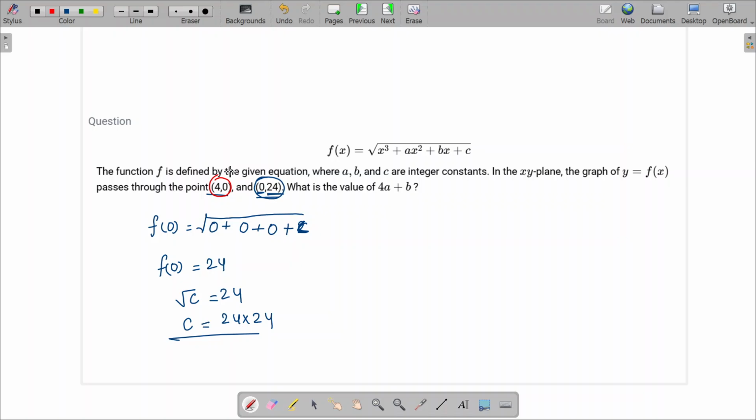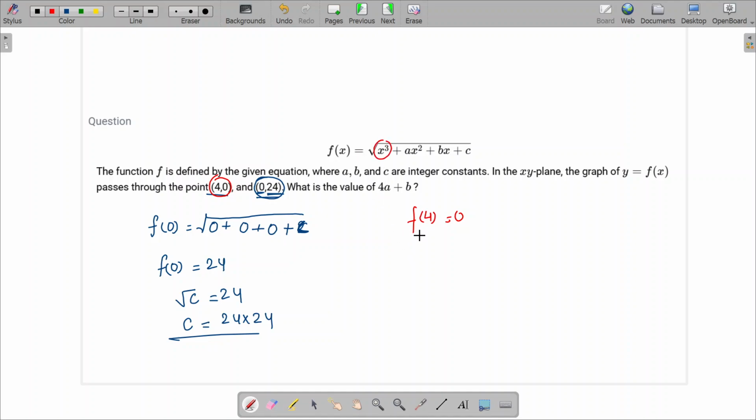So basically, you have to write f of 4. What equation are you exactly getting? Okay, let's do it. Here I'll simply write f of 4 equals 0. What is f of 4?